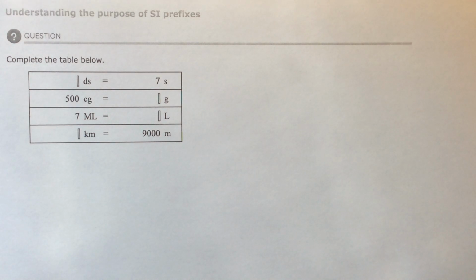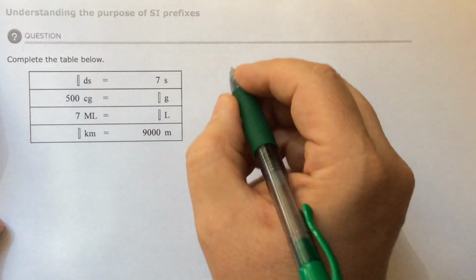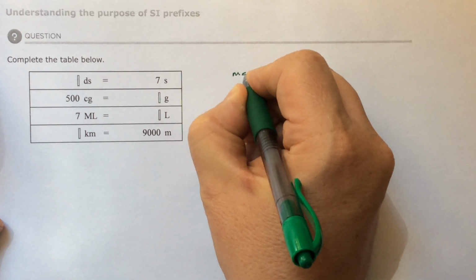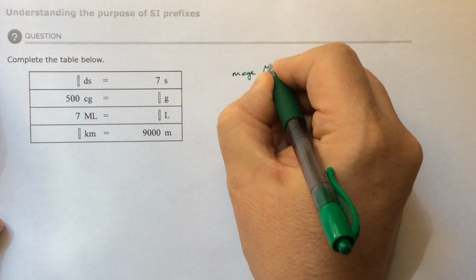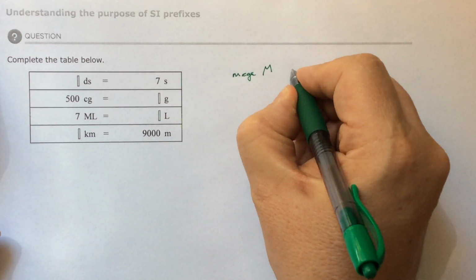So this is a way to practice some of these prefixes. Just as a bit of a review before we do it, some of these are going to be much bigger. For instance, mega, which is a capital M, is going to be 1,000,000 times bigger.